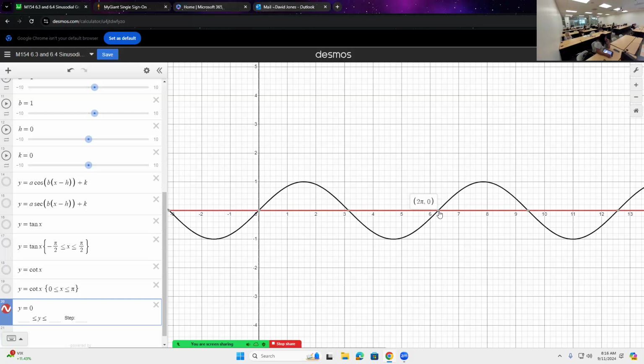So it goes up and it comes back, it goes down underneath, and it goes back to 0 every 2 pi. These are called periodic functions. A periodic function repeats after every period. In this case, the period is 2 pi. You'll notice it goes up again, comes back down again, and the next time it's back to 0 we're at 4 pi. So every 2 pi, sine repeats the graph.